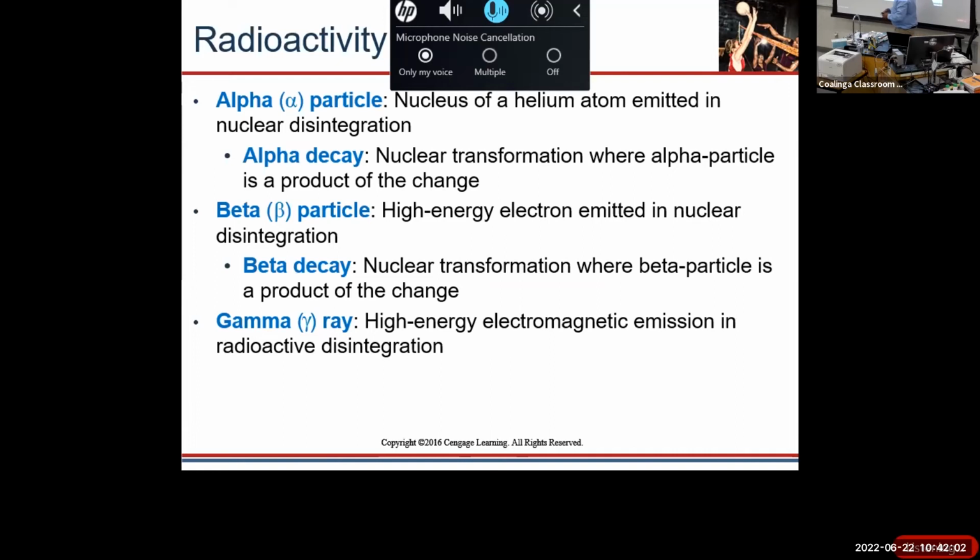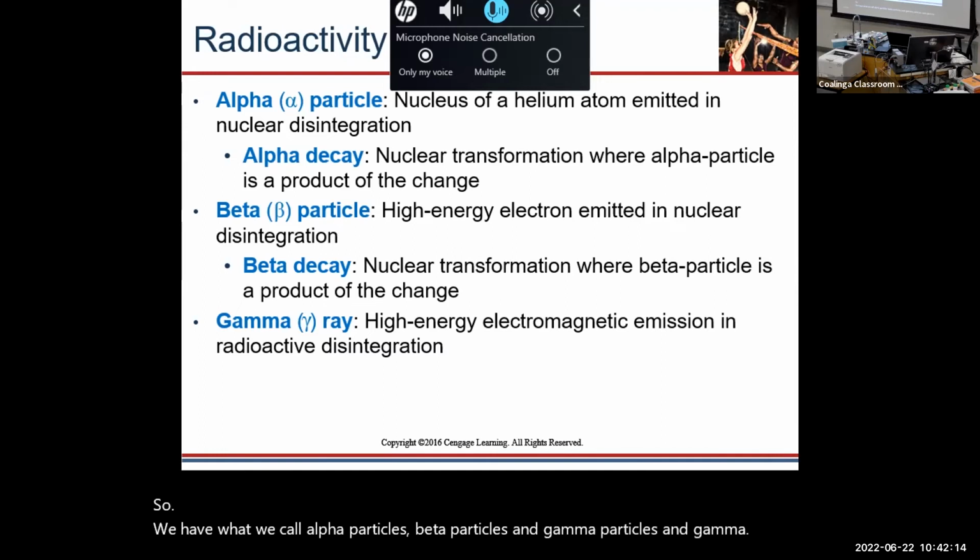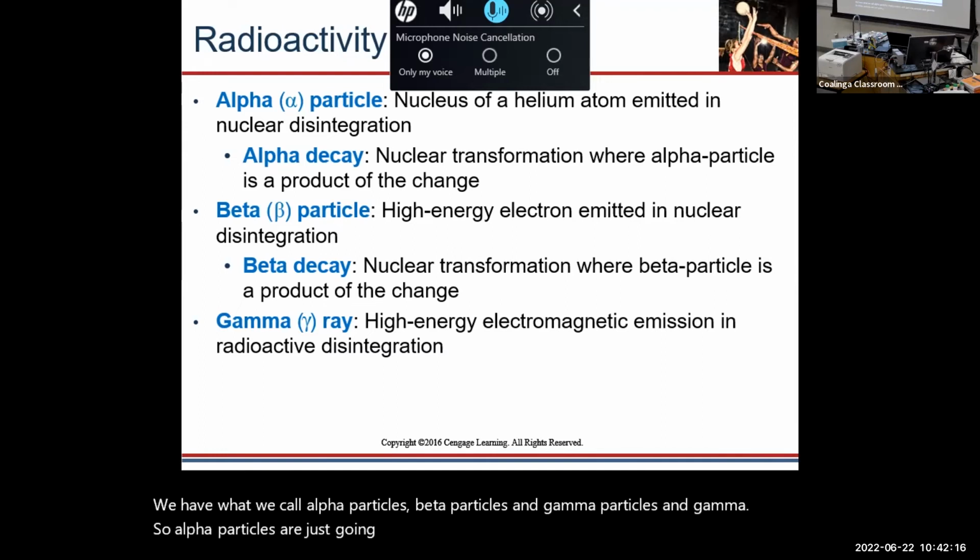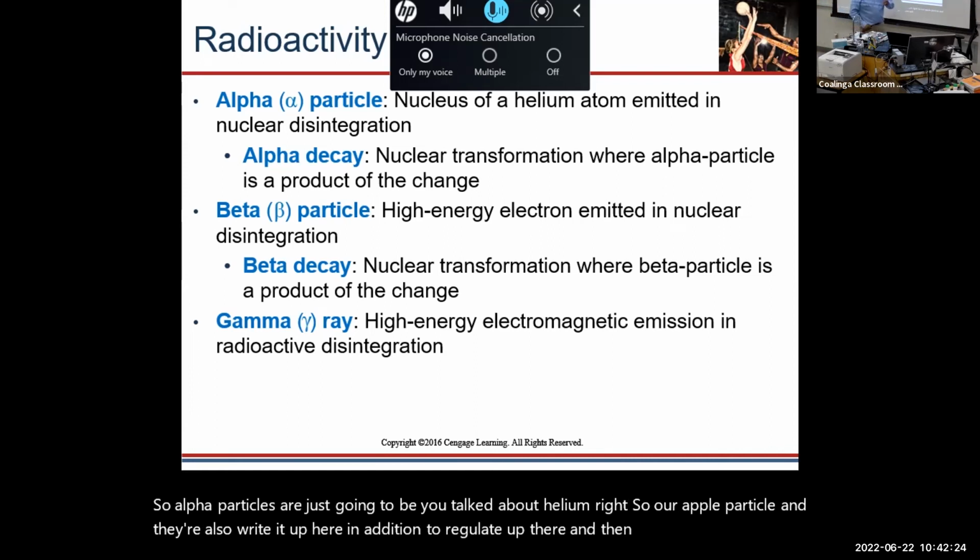Okay. So we have what we call alpha particles, beta particles, and gamma particles or gamma rays. Alpha particles, we talked about helium, right? So our alpha particle, and I'll write it up here, and then I'll show it on the screen in a second.